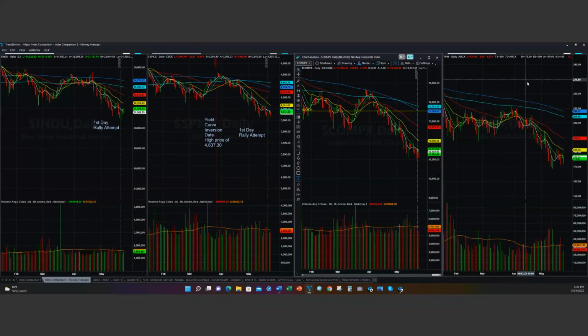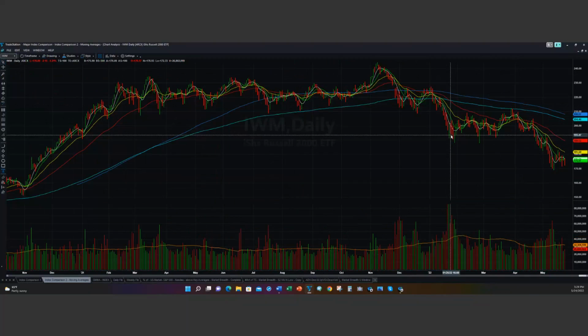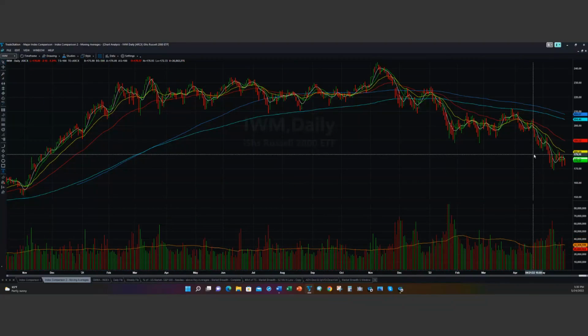Now remember, the Russell 2000 started moving down before everybody else. It pretty much led us down in this market. Before any of the other indexes broke down, the IWM fell apart.